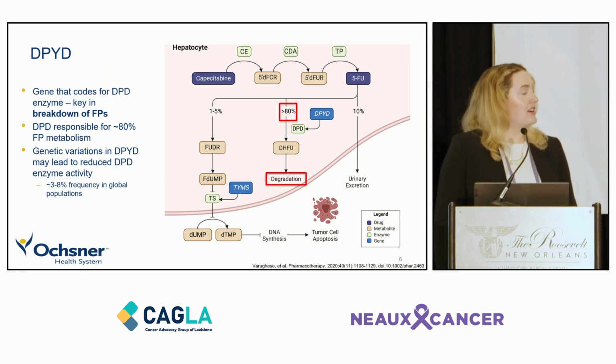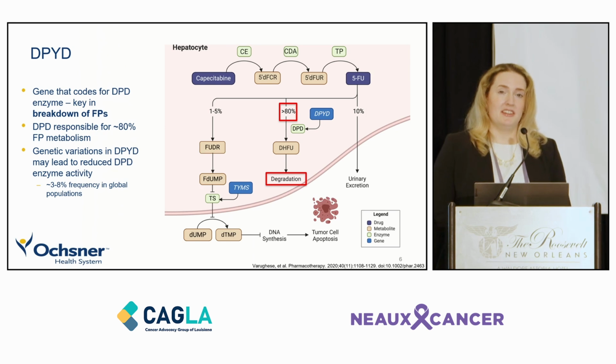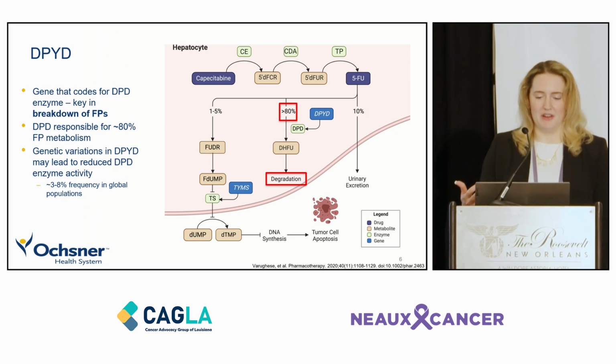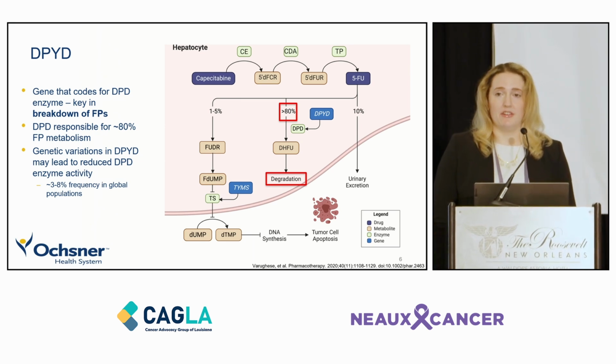So a little bit of background on the DPYD gene itself. DPYD is the gene that codes for the enzyme which we care about. So the DPD enzyme is responsible for breaking down our fluoropyrimidines. It's responsible for about 80% of the metabolism of these medications.